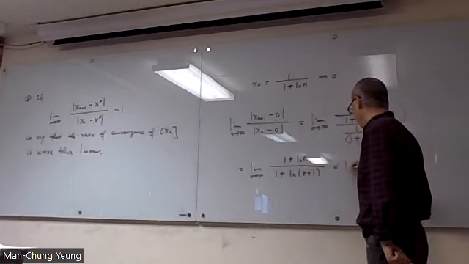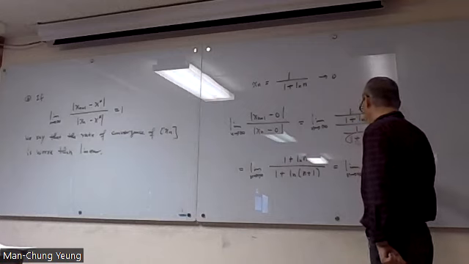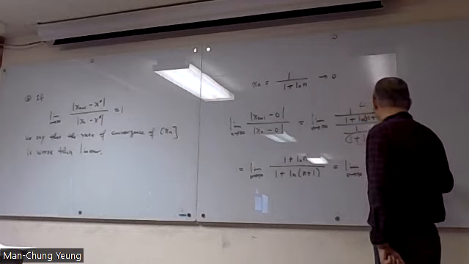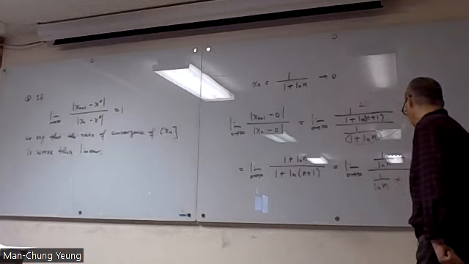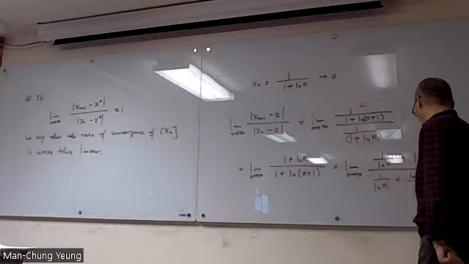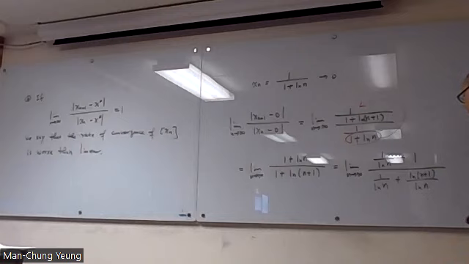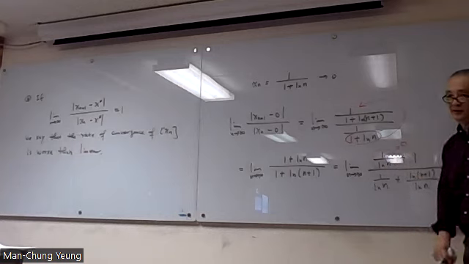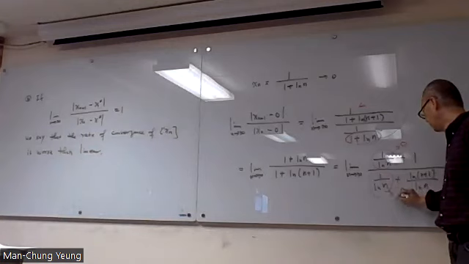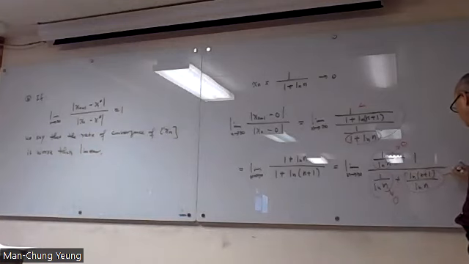Let me try again: 1 over ln n plus ln n over ln n, on top, and 1 over ln n plus ln(n+1) over ln n, on the bottom. This clearly approaches 0, and this approaches 0. How about this? This should approach 1, I believe. So the whole limit is 1.